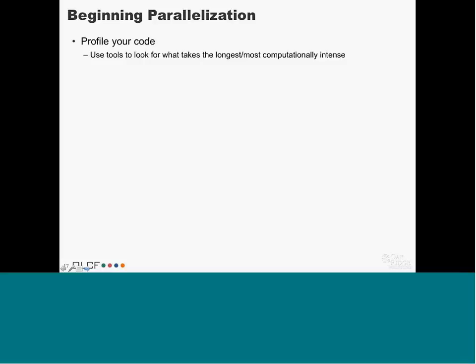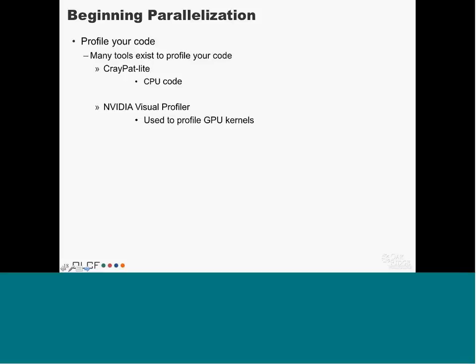To take it from there, we want to profile our code and see which part is the most computationally intense and takes the longest. That's where we want to concentrate most of our efforts in accelerating our code. One tool at OLCF for profiling is CrayPat Lite. This is just one of the tools.